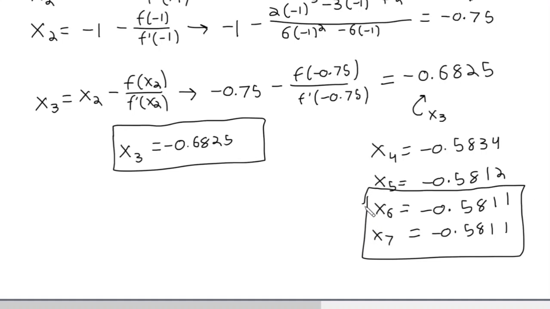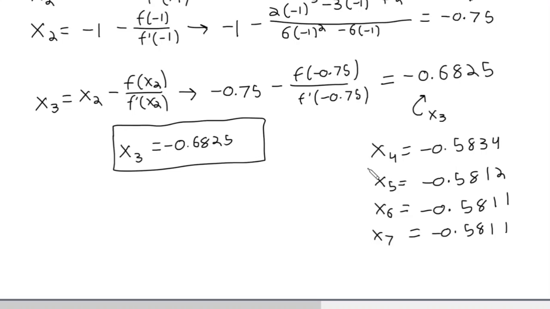Once they match up to, in this case, 4 decimal places, and it's always going to be specified as well. Like it'll say approximate the root to 6 decimal places or 4 decimal places. So if it's asking for approximation to 4 decimal places, then you want the 4 decimal places of 2 consecutive terms to be the same.